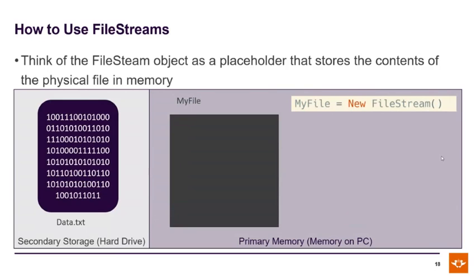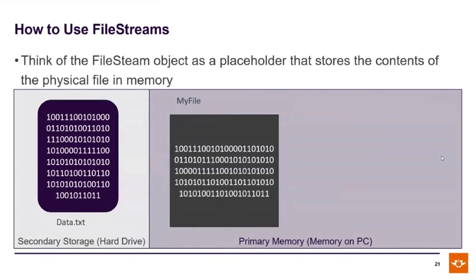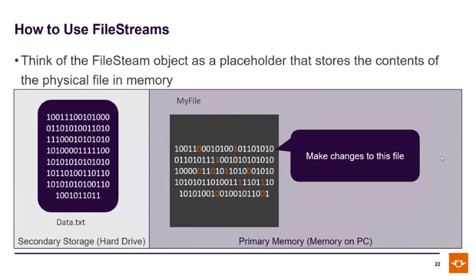Now, the moment you call the new FileStream, it creates a temporary object, a placeholder for your file. Because you need to take what you have in your secondary storage and copy it over to your primary storage. That is how you get the information. Once you have that in your primary storage, your program can now interact with it.